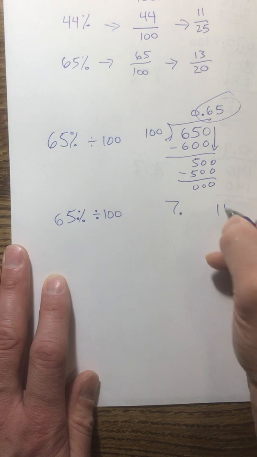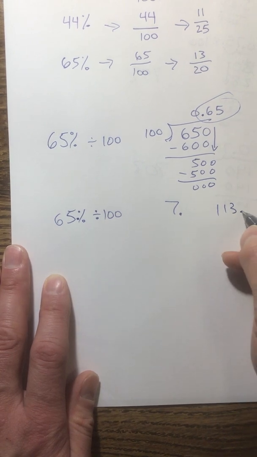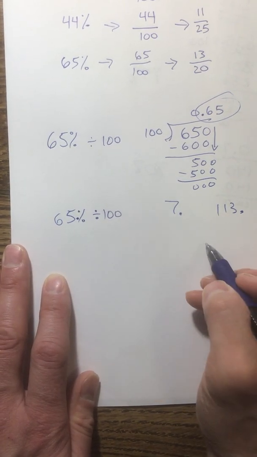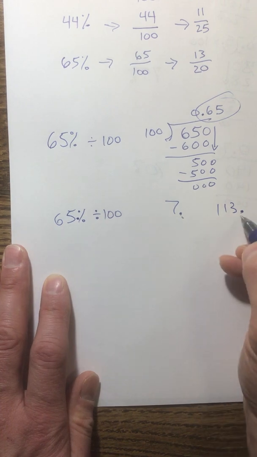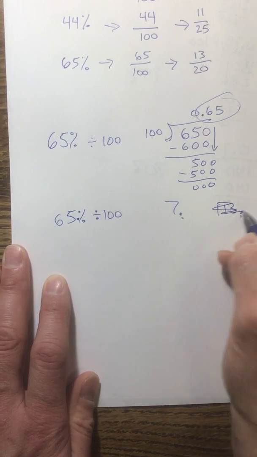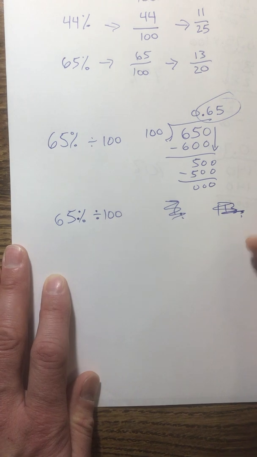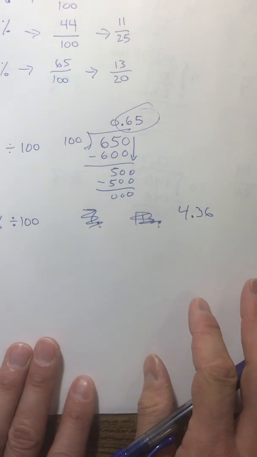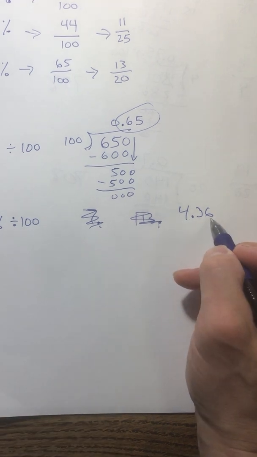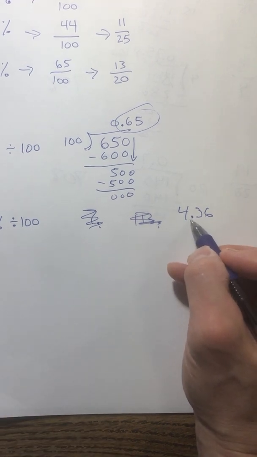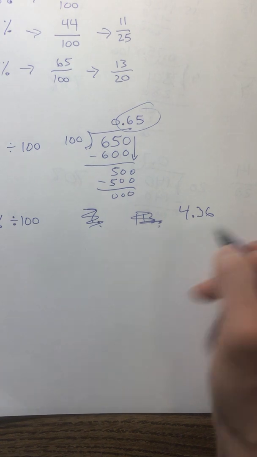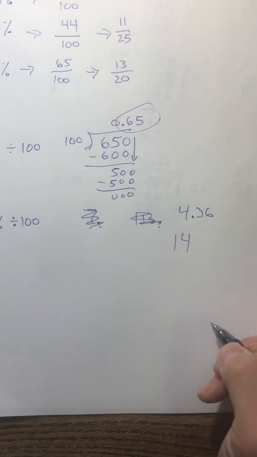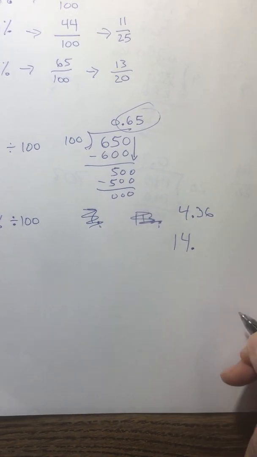If I give you 113, it's actually 113 point. Any number you're given in math technically has a decimal to the right of it, unless you already see it in there. Like if I were to say 4.36, its decimal's already there. But anytime I give you a number without a decimal, like 14, the decimal is technically to the right of it.